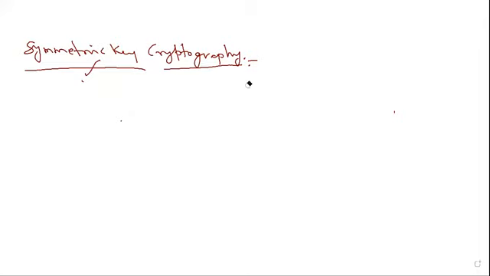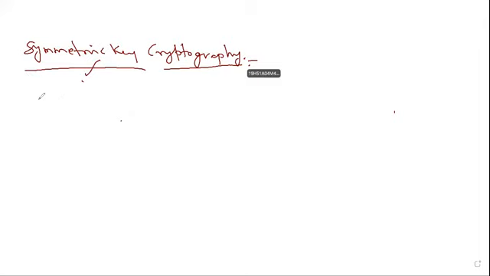Then I'll show you the basic architecture or diagram for symmetric key cryptography. After that, I'll also show you the symmetric key cryptosystem, right? In the basic diagram, the aim of this cryptographic scenario is that the sender sends sensitive information to the receiver, right?